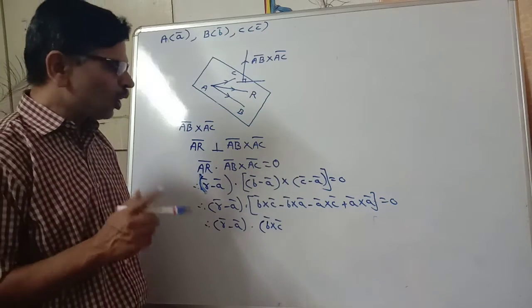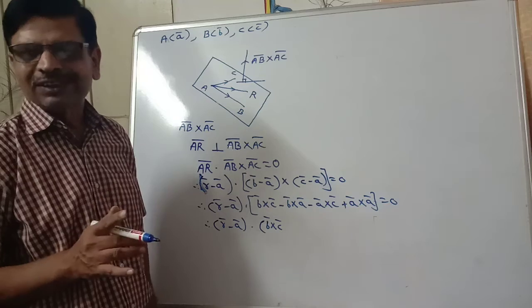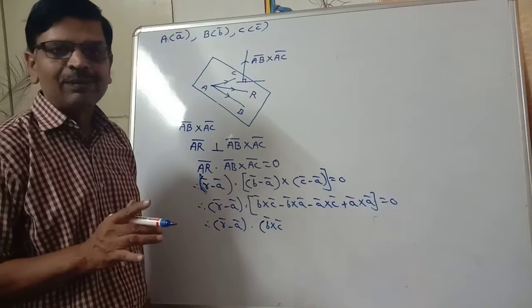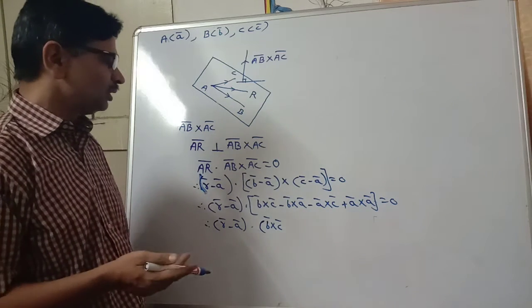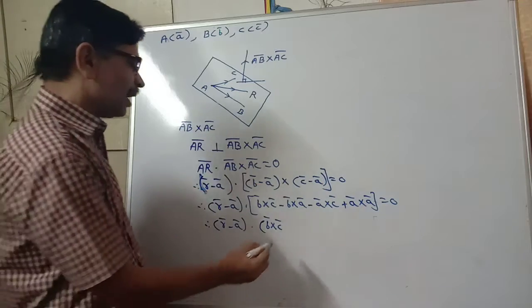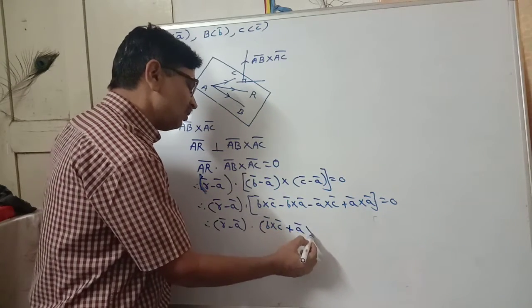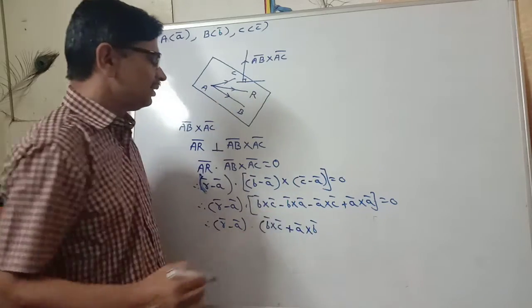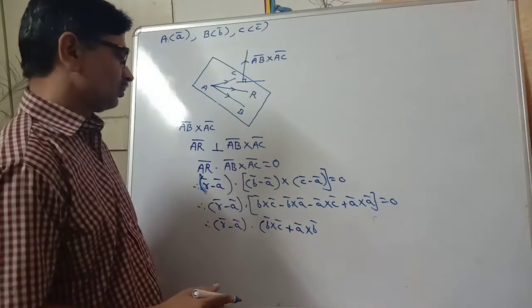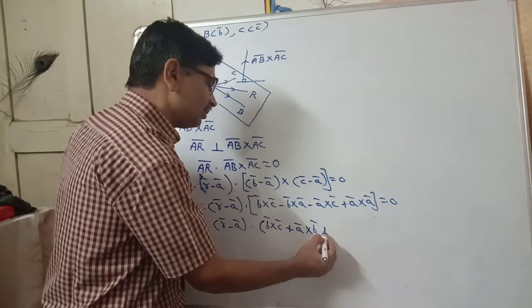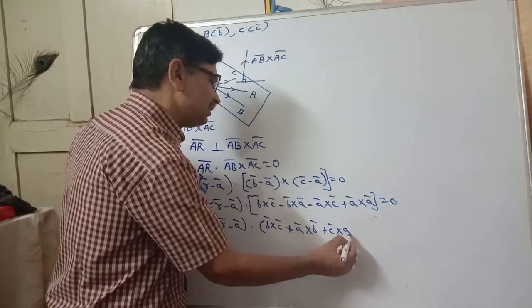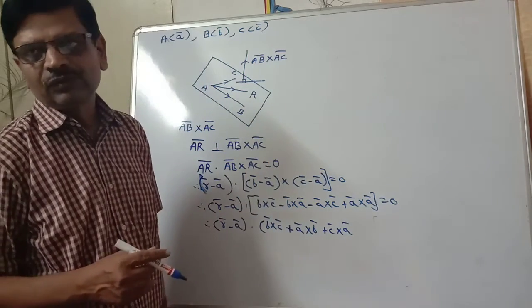But A bar cross B bar and B bar cross A bar, they are not same. Their signs are opposite. B bar cross A bar, we can write A bar cross B bar. But in that case, we have to change sign of term. A bar cross C bar, that we shall write C bar cross A bar.